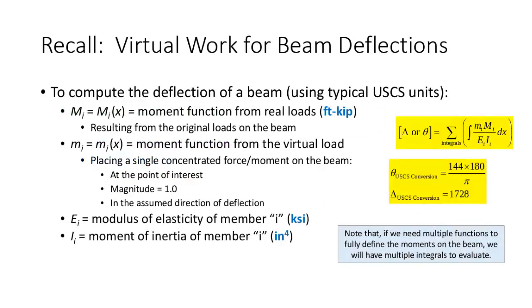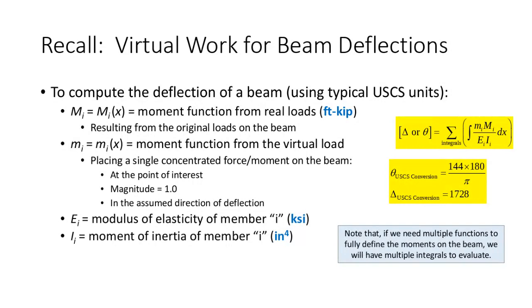Let's recap a bit. Up until now we've been looking at virtual work for beam deflections, and I also want to recap what we did for trusses. But first, let's handle it one step at a time. To compute the deflection of a beam, we need two sets of functions: the set of real moment functions, which we write with a capital M, and the set of virtual functions, which we write with a little m.